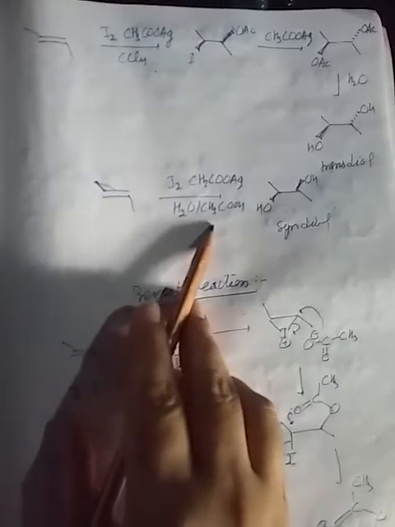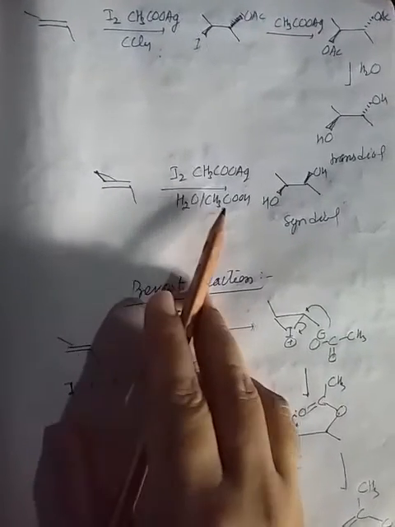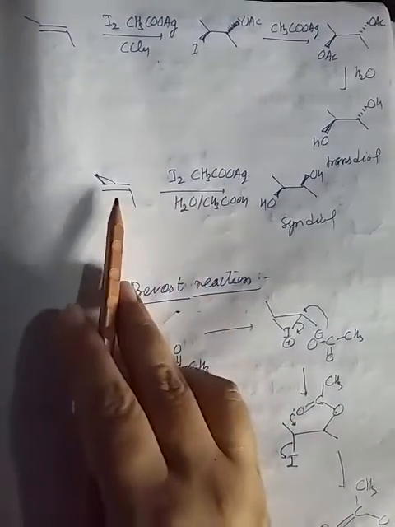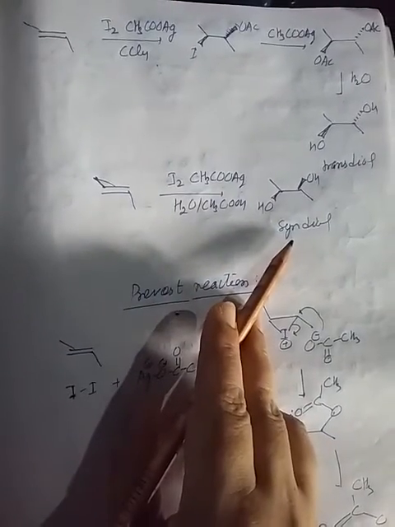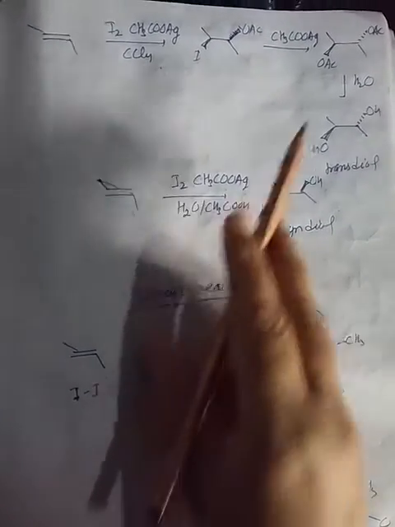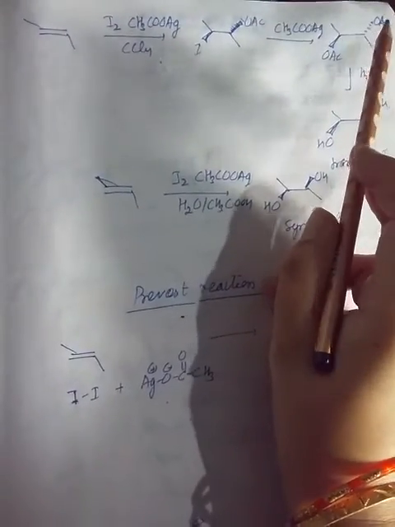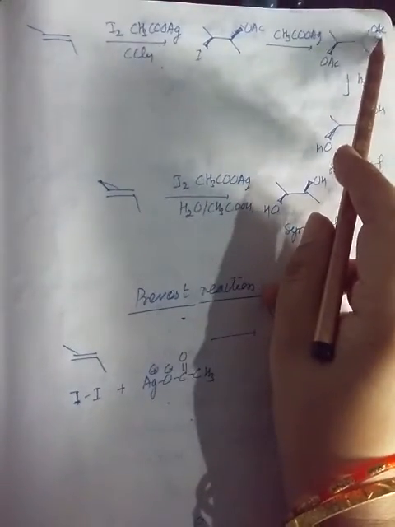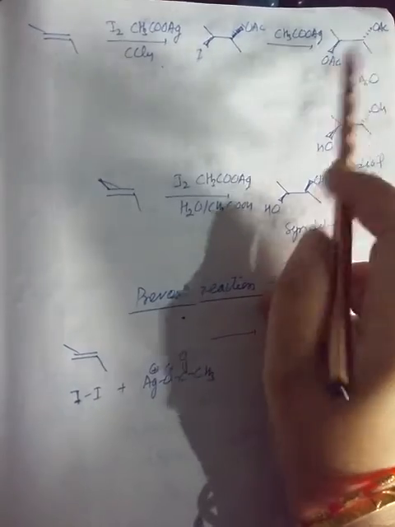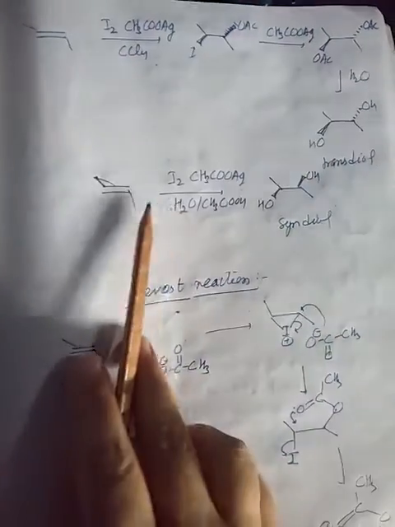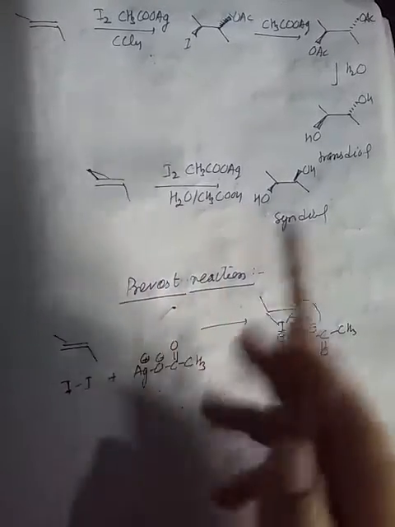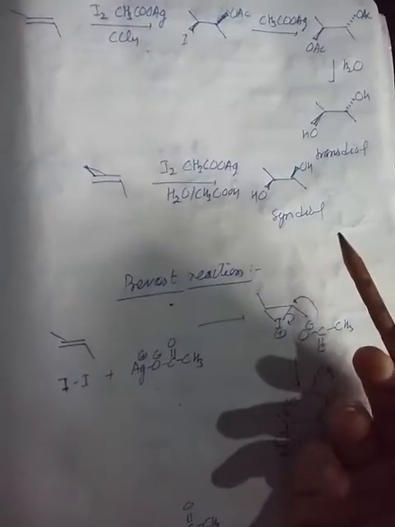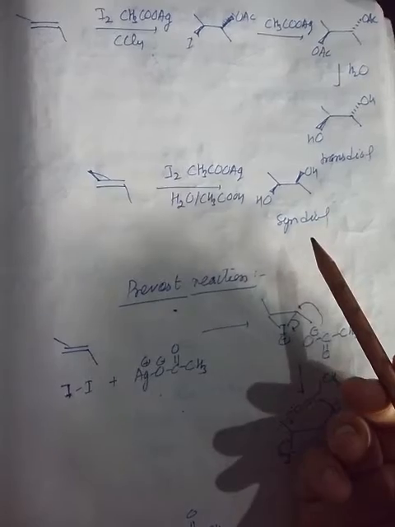But in aqueous medium, when we use water as well as acetic acid, then the alkene gives monoacetyl derivative. Here अभी mechanism देखेंगे. Here we got this diacetyl derivative, but in the case of this Woodward condition क्या मिलता है आपका, monoacetyl derivative मिलता है, that gives this diol.